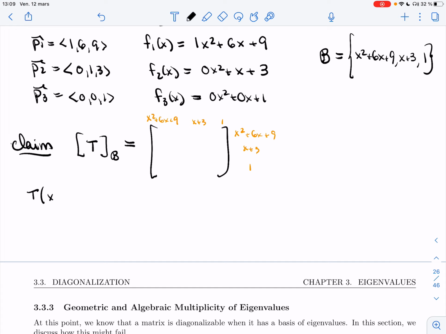So if I have T of x squared plus 6x plus 9, that's going to give me (2x plus 3) squared plus 6 times (2x plus 3) plus 9. So I get 4x squared. All right, so this one's a 4. And then I have 12x plus 12x, so I get 24x.